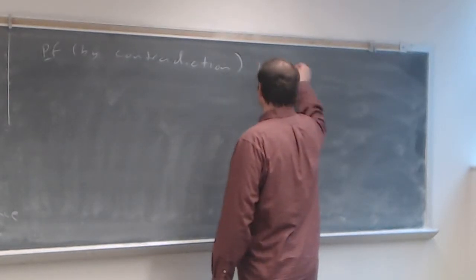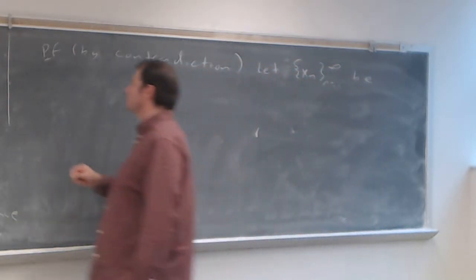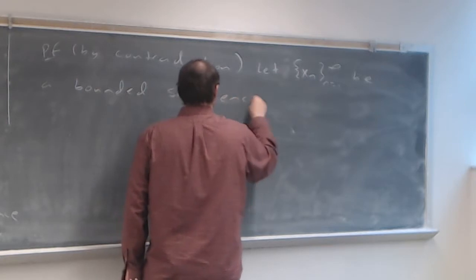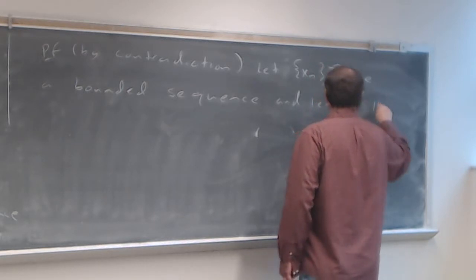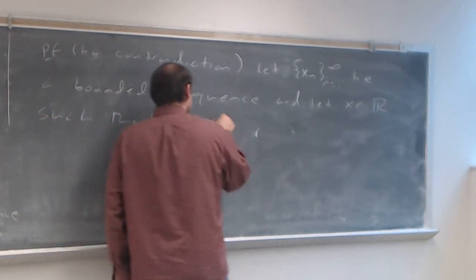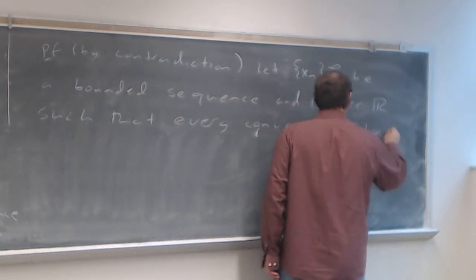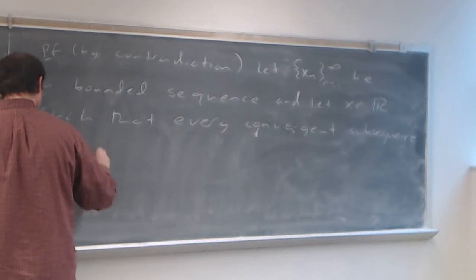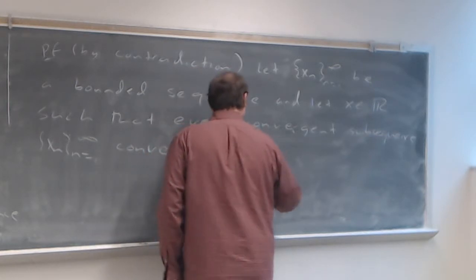So here I'm going to let x of n be a bounded sequence, and let x be a real number such that every convergent subsequence of x of n converges to x.